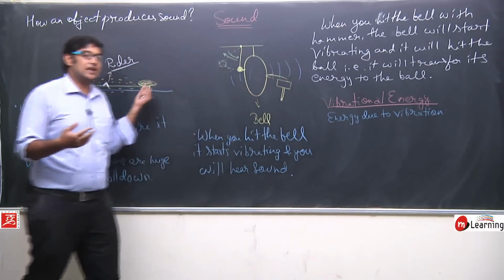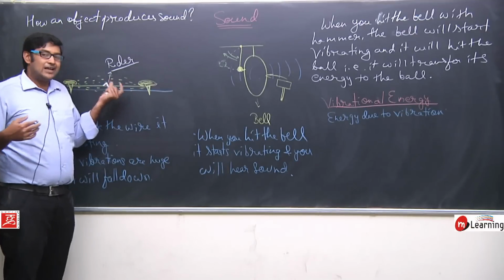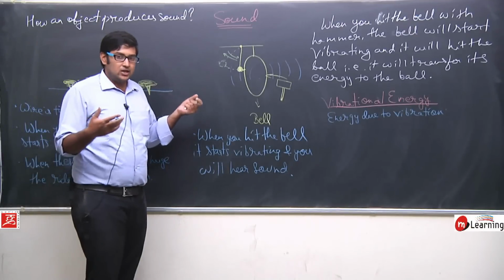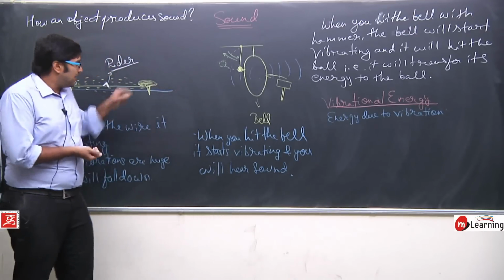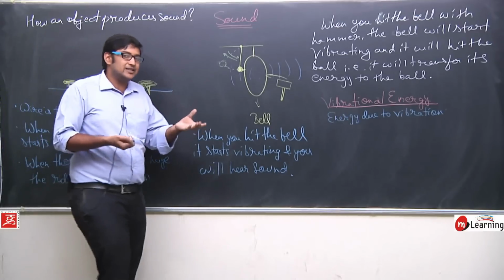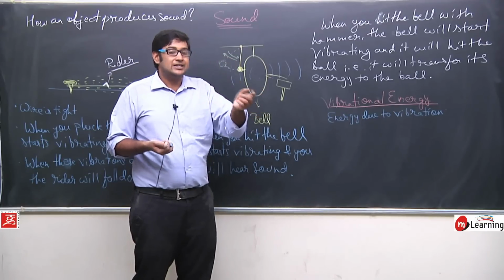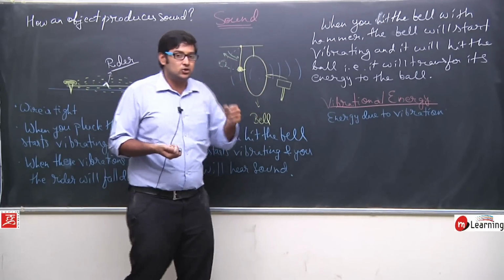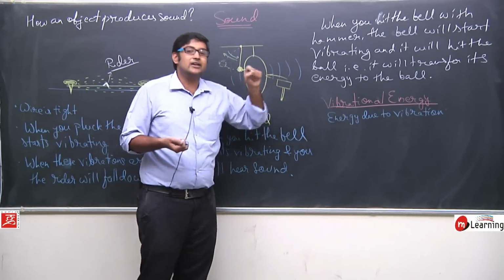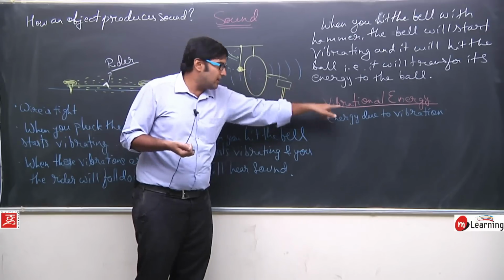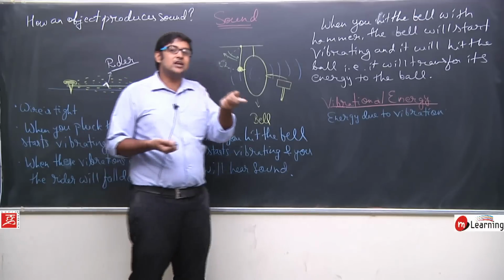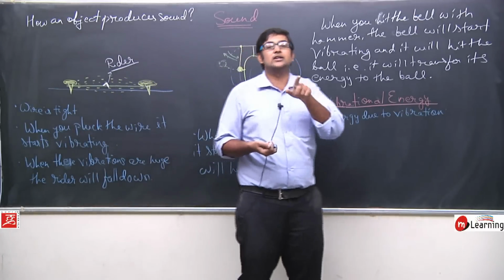If I talk about this wire, how is this wire producing energy? When I pluck this wire, I transfer some energy to this wire. That energy is converted into vibrational energy, and this vibrational energy gets converted to sound energy.